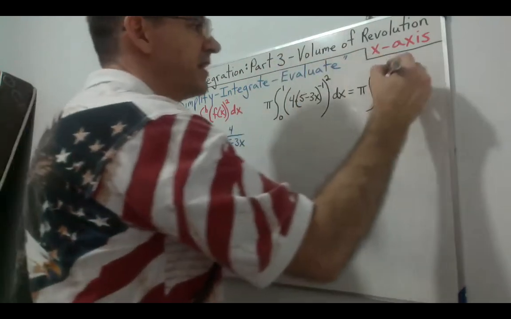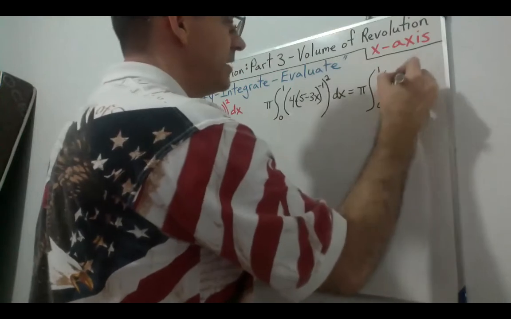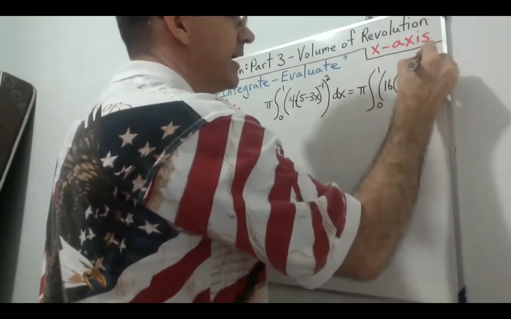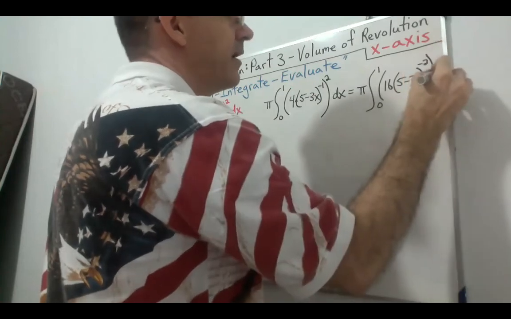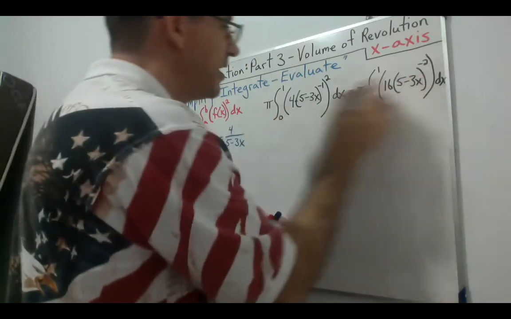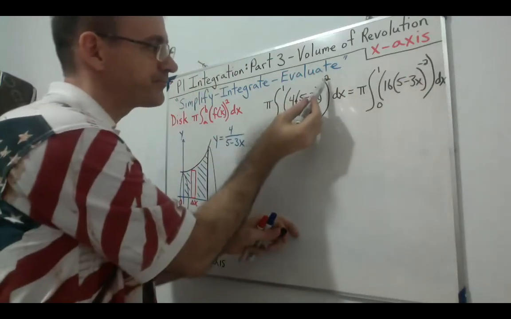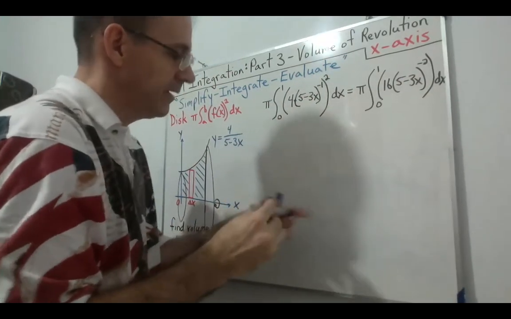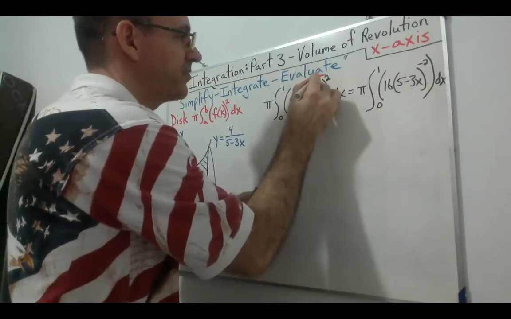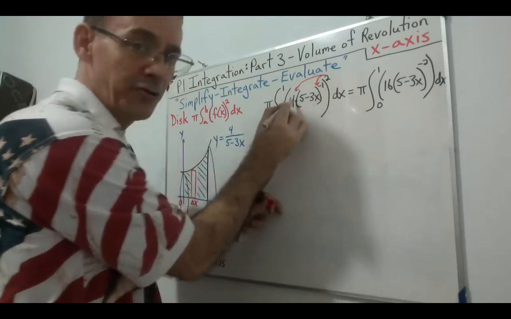So -1 times 2 is -2. So 5 minus 3x to the -2, and then our dx on the outside. So all I've done is distribute the square to the 4 and then to the exponent. So remember, exponents distribute to multiply.